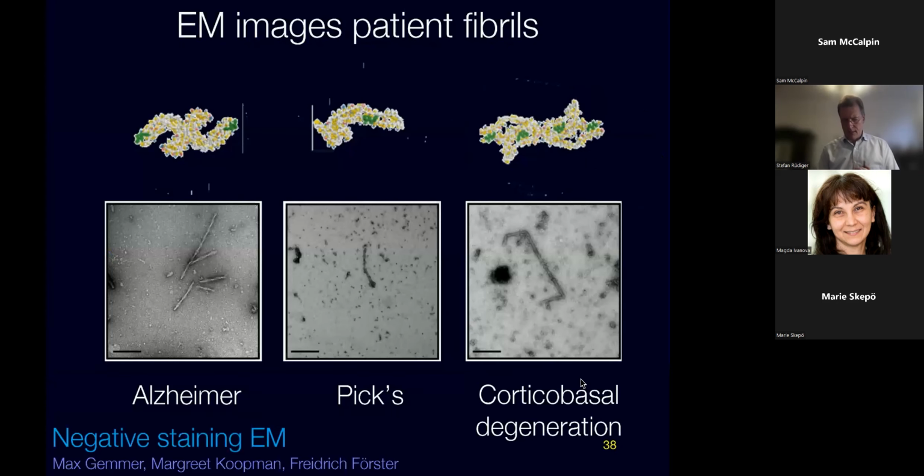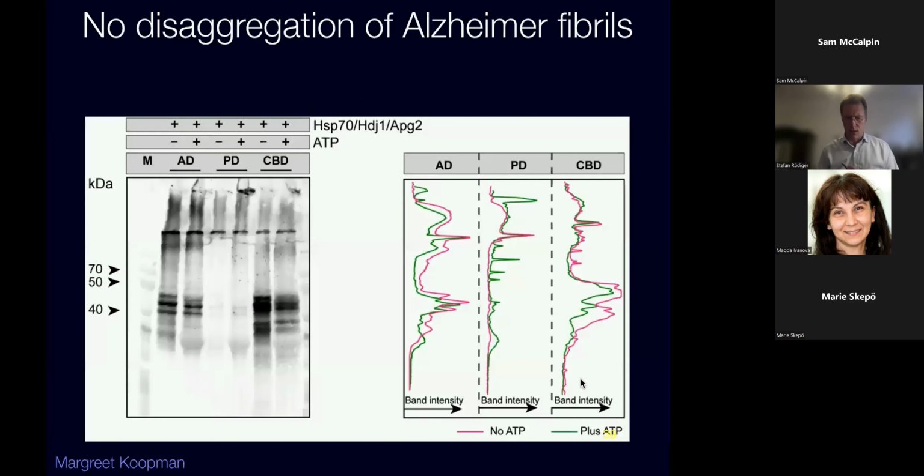What this means is that we purified fibrils from various tauopathies, and we looked at what we see when we look for disaggregation. We looked at this on gels.